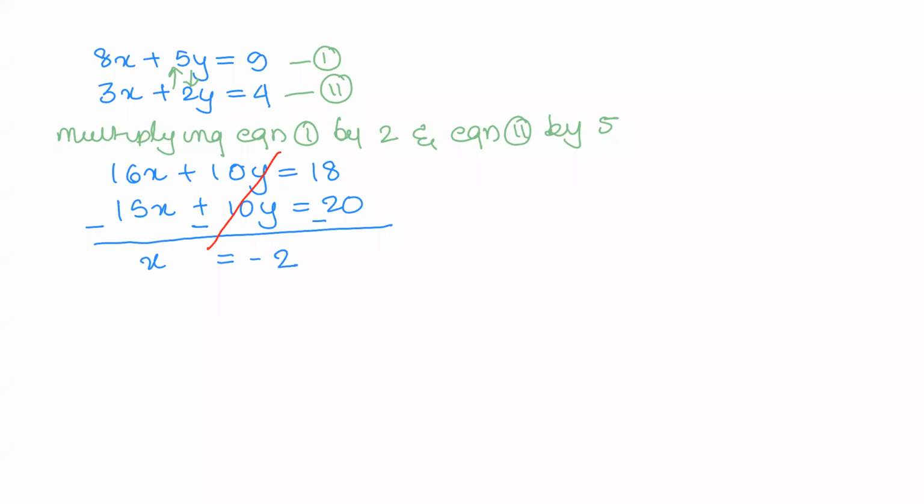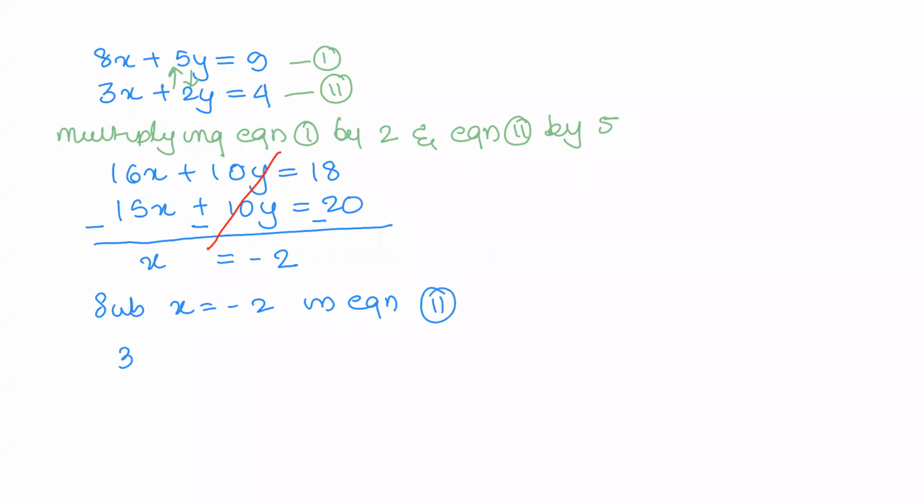अभी आपको करना क्या है? यही x की वैल्यू जो minus 2 है, वो किसी भी एक इक्वेशन में आपको सब्स्टिट्यूट कर देनी है और आपको फाइंड कर देना है y की वैल्यू. Let's substitute that in equation number 2, because equation number 2 में हम लोग को दिखाई दे रहा है कोएफिशिएंट्स बहुत छोटे-छोटे से हैं. Substituting x equals to minus 2 in equation number 2.